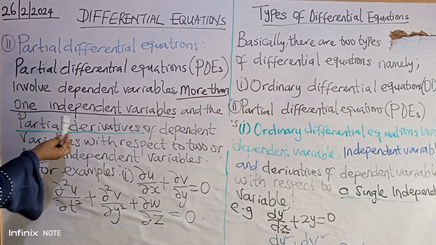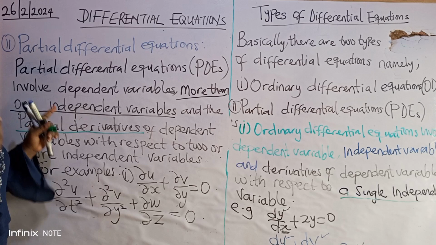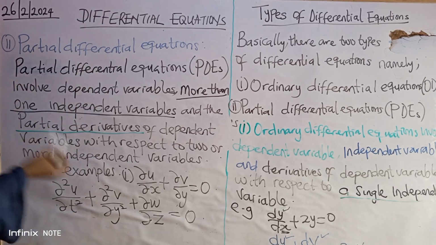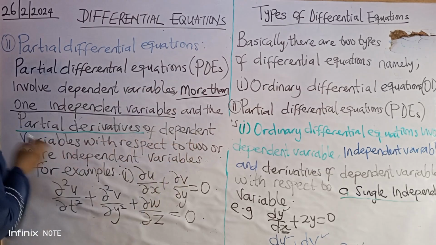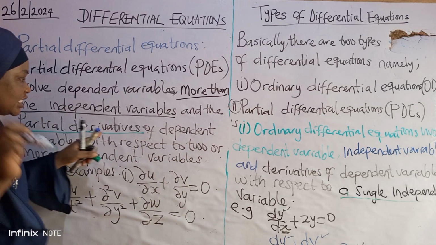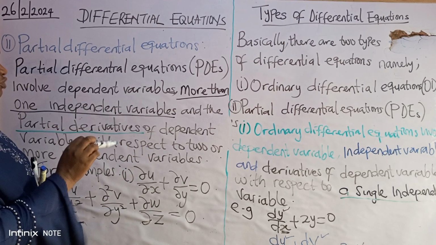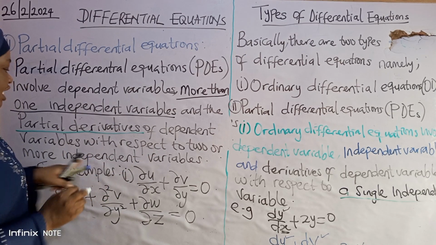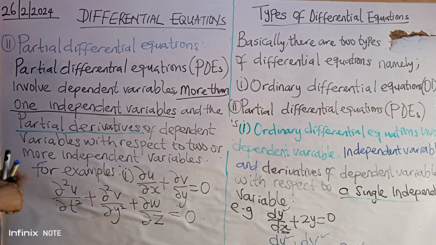Take note, here we have more than one independent variable for a partial differential equation. It also has a partial derivative of the dependent variables with respect to two or more independent variables. So this is not an ordinary derivative but a partial one.